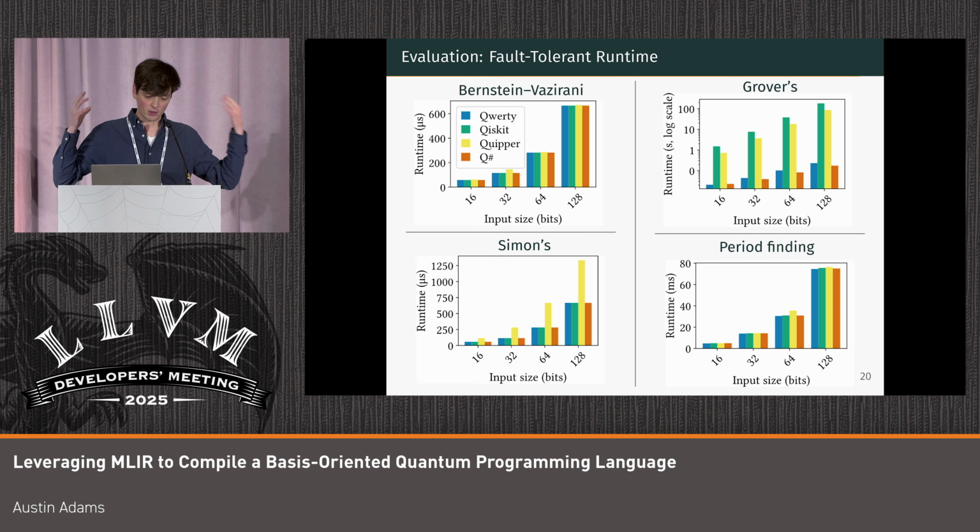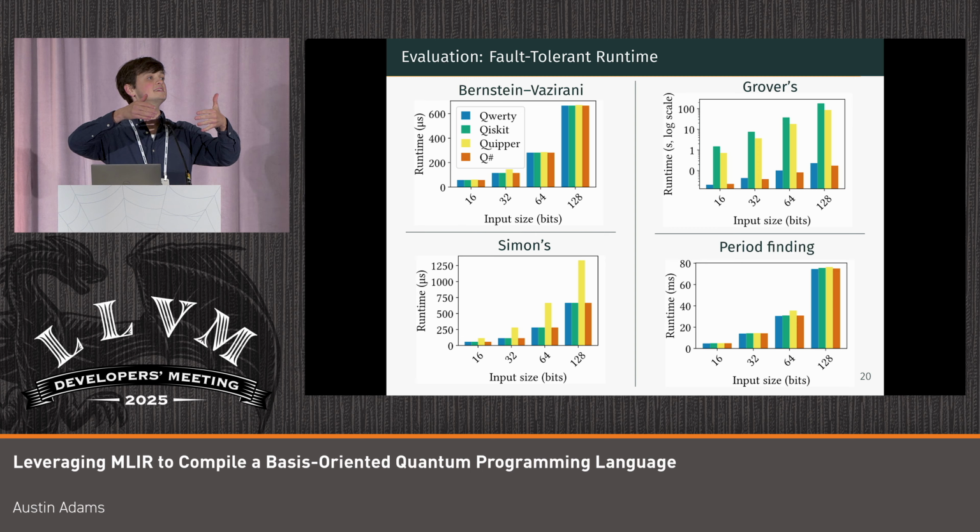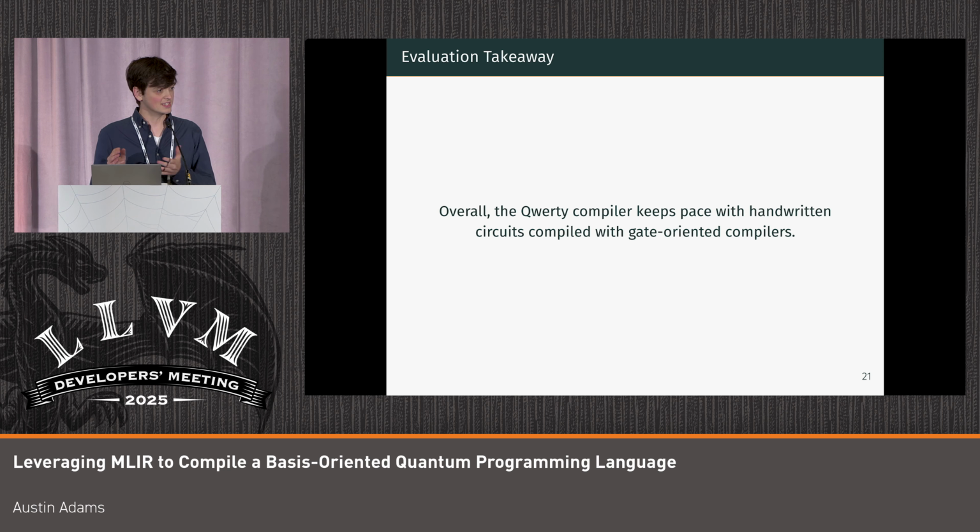Then I take all the resulting circuits and feed them into a resource estimator that's guessing the runtime of this on a prospective design for a future fault-tolerant machine. We're in the blue on the left there, where lower is better, and you can see that we're competitive with these circuit-oriented approaches for programming.